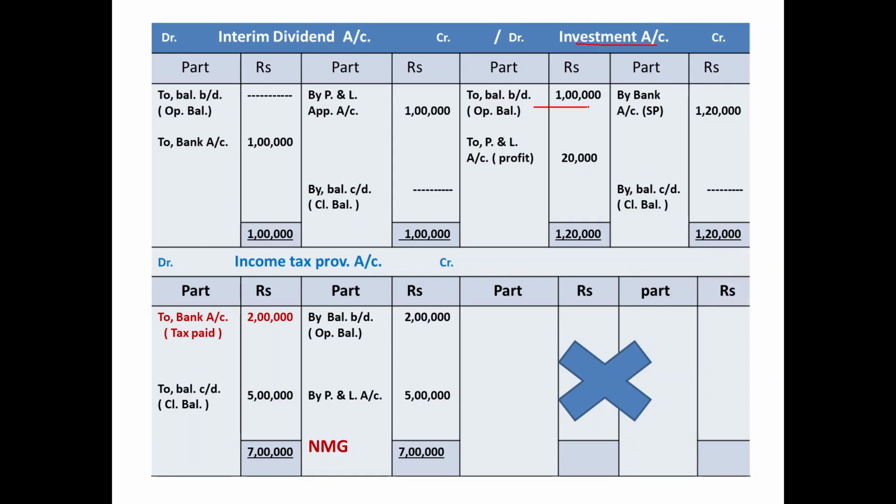Opening balance 1 lakh. No closing balance as we saw in the balance sheet. Posting of the first journal entry, bank debit to investment account credit 1,20,000 selling price. Then the posting of the second journal entry for transfer of profit, investment account debited to profit and loss account credited 20,000. Account is over, there is no balancing figure.